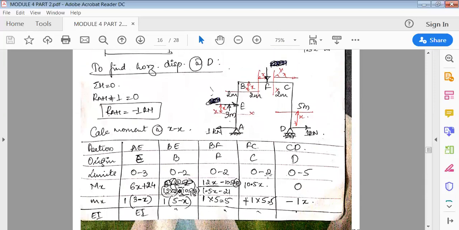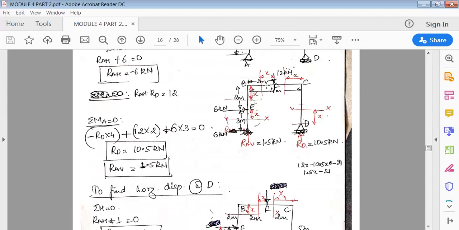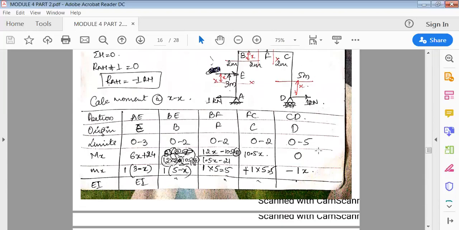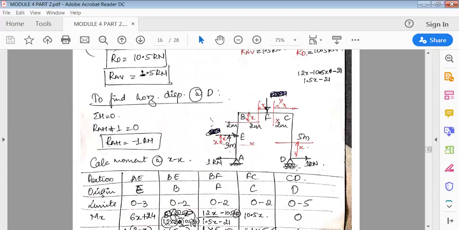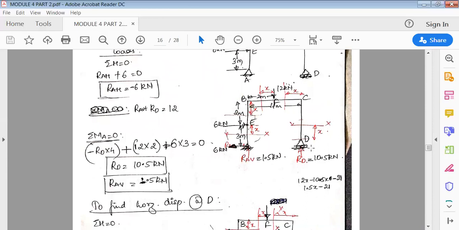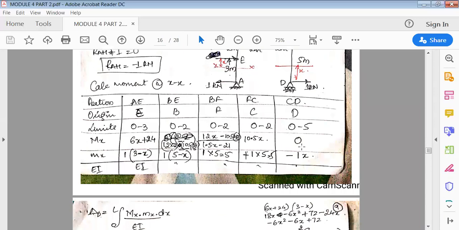Next, in the FC portion, again to the right side, it is 10.5 into x. And in the CD portion, we're cutting the section along its length. In this section there's no external load acting, and even RD is acting along the line CD, so the moment is 0.